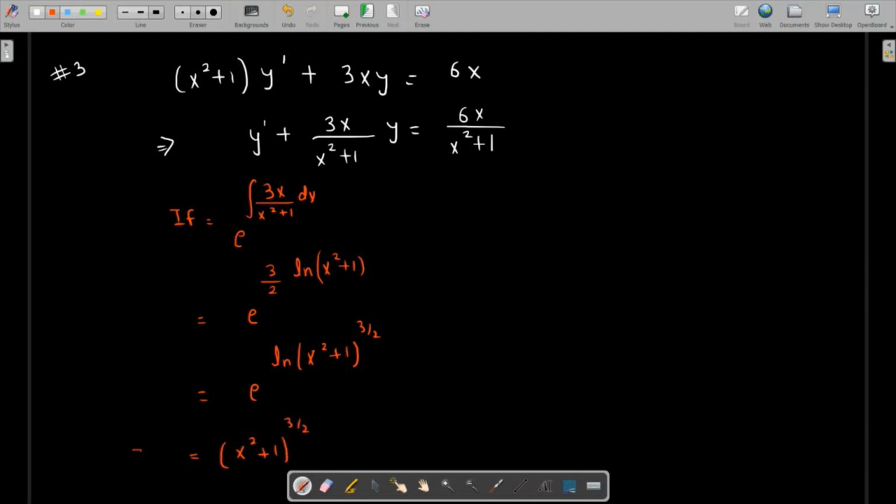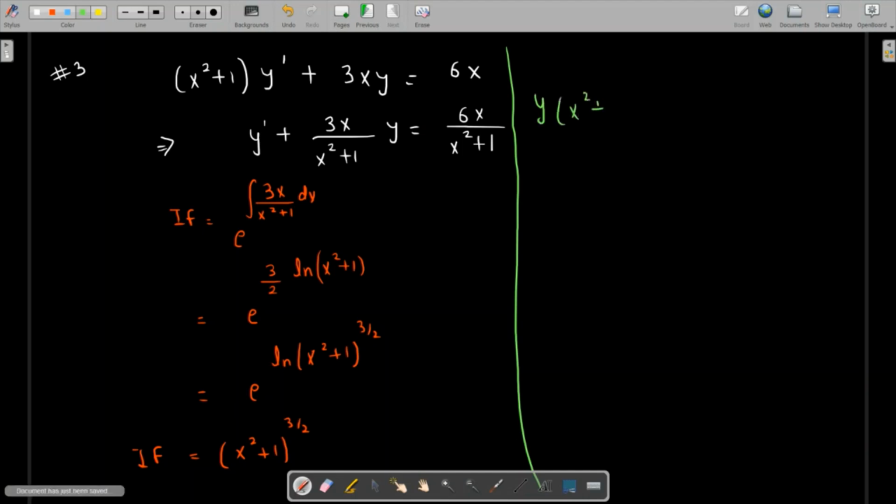So this is the final integrating factor. So if you are gonna simplify this further, the integral will look like y times the integrating factor, which is (x square plus 1) raised to the power -3 over 2, is equal to the right side, which is 6x over x square plus 1 times (x square plus 1) raised to the power -3 over 2 dx.